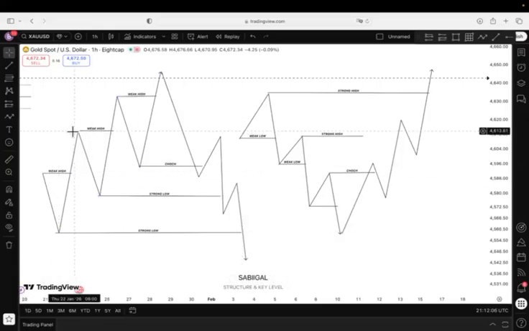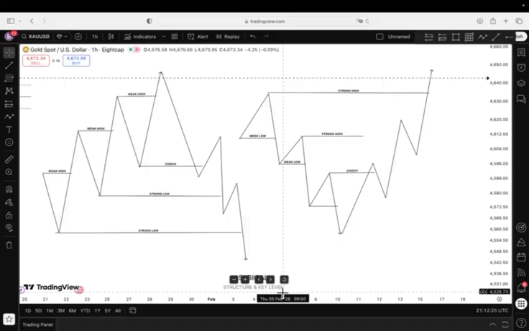Weak, strong, weak, strong, weak, strong. Strong because it later broke here. That's all. Now we're going to go into the advanced, because the basic has been taught.